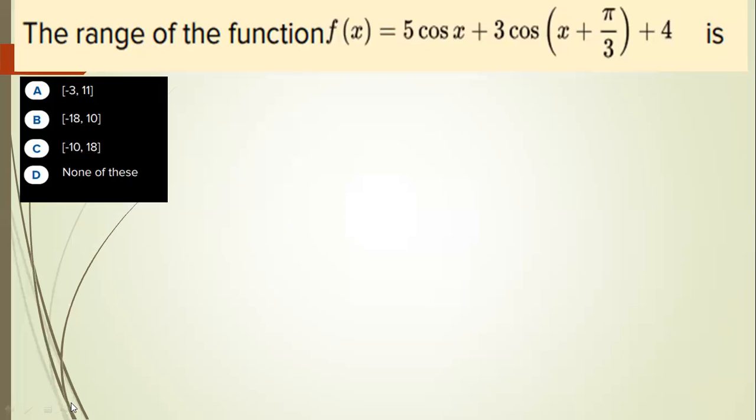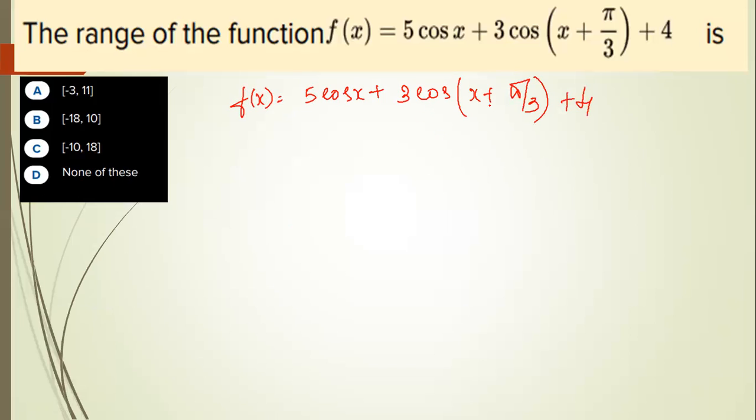What is the function? f of x is equal to 5 cos x plus 3 cos of x plus pi by 3, plus 4. You have to find the range of this particular function. I'll just give you a hint. Those who have understood can go with the answer.